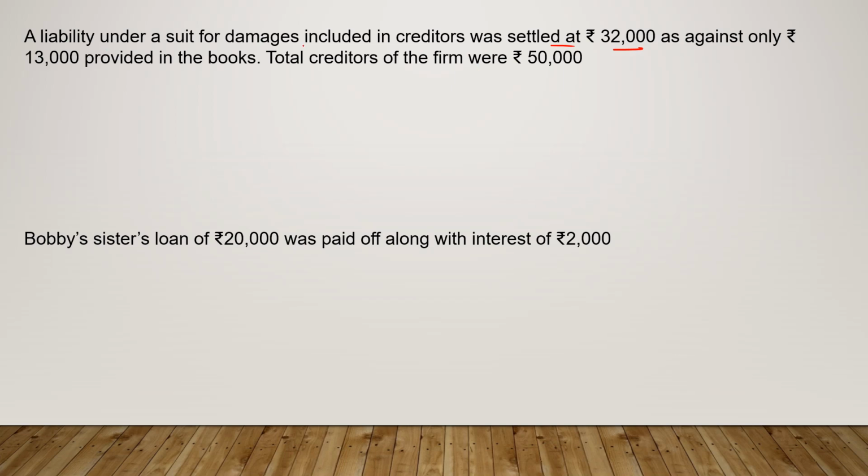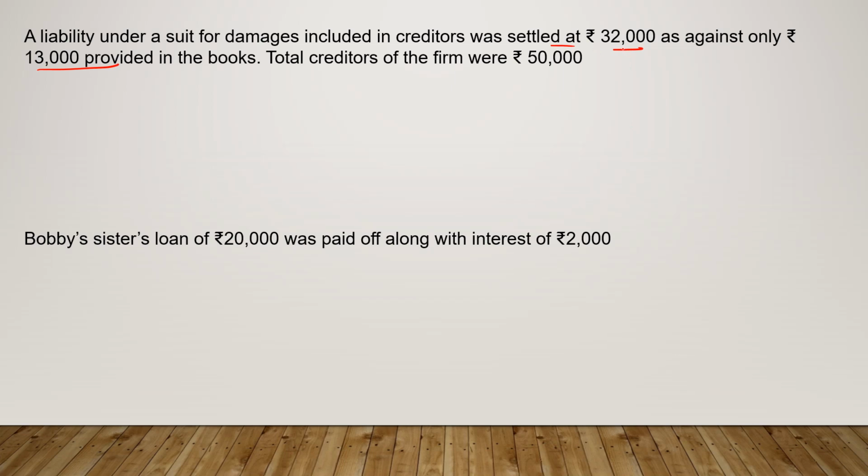But being a liability, we would have provided for it because we didn't know the exact amount. How much has been provided? Only 13,000 in the books. So creditors include 13,000, which is a provision for this suit for damages. But although we provided 13,000, the actual liability came to 32,000.